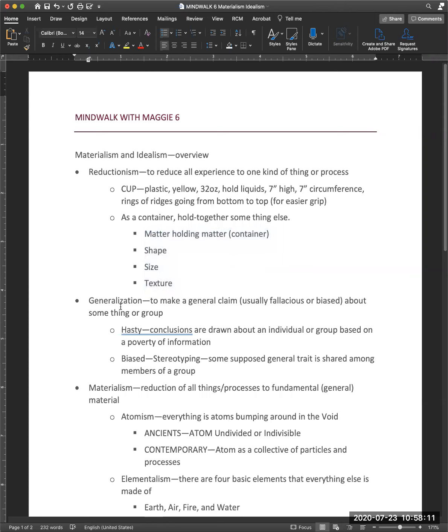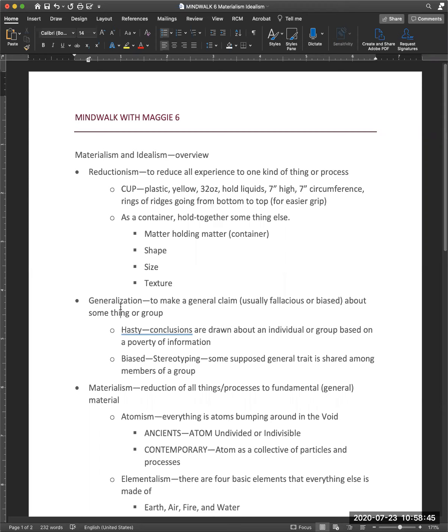Now, as I said before, generalizations can be very useful. And I just sort of showed you how reduction can lead you to seeing general patterns, general shapes, general uses, etc. So generalizations are necessary as a logical tool to allow us to do deductive and inductive reasoning, so that we can move toward generalization or move away from generalization.